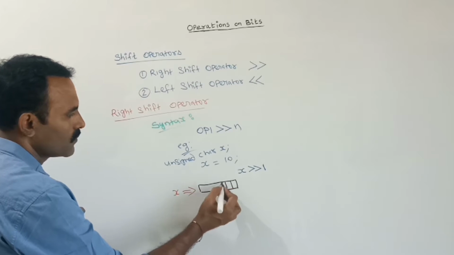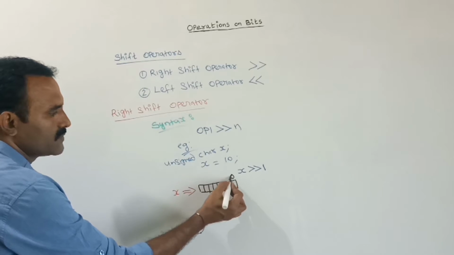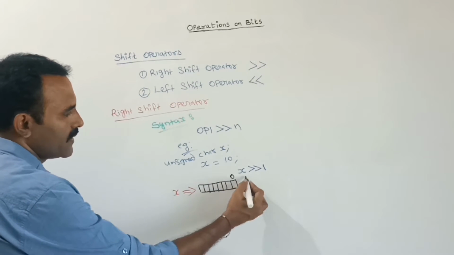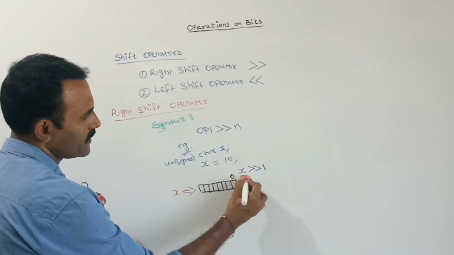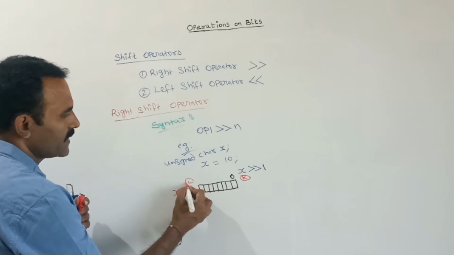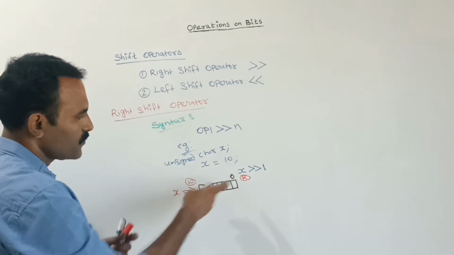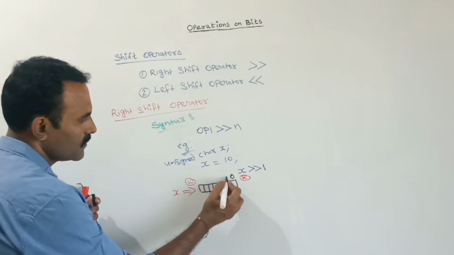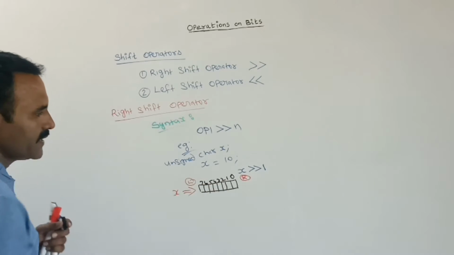The positions start from the 0th position. This is the right direction of the operand, and this one is the left direction of the operand x. So this one is position 0, and so on up to 7, totally 8 bits.